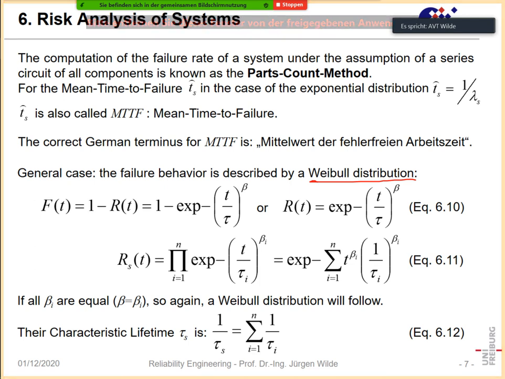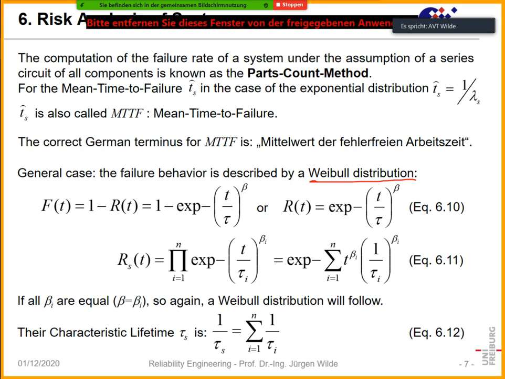Beta is an exponent. If beta is larger than 1, it's increasing failure rate. When beta is lower than 1, it's decreasing failure rate. And tau is a characteristic lifetime. That's the value where 63% have failed.